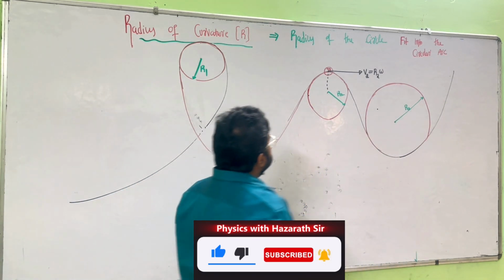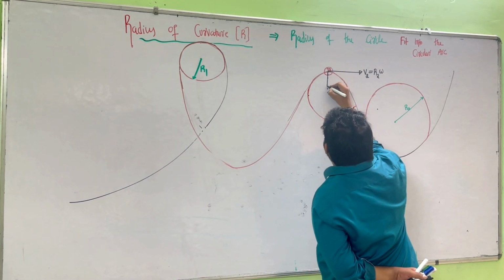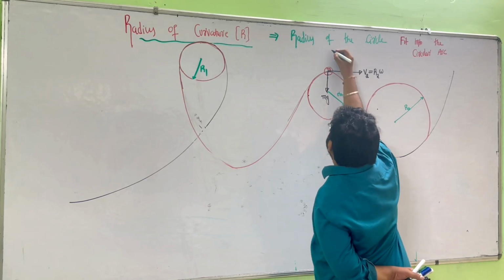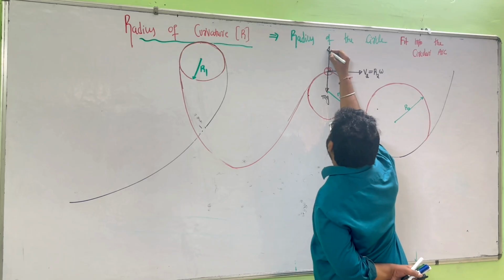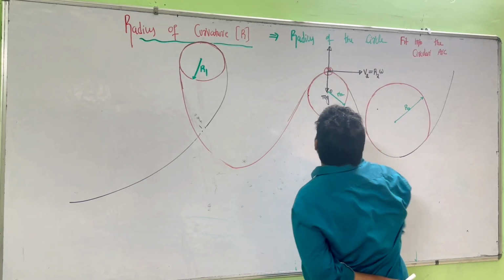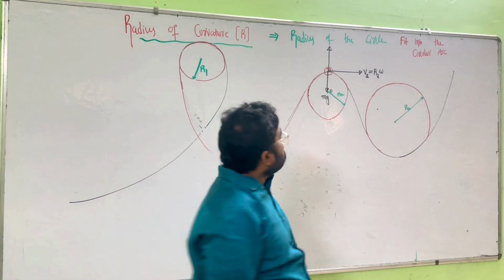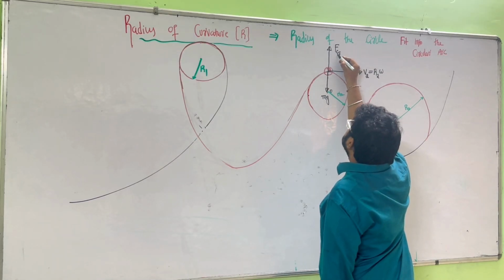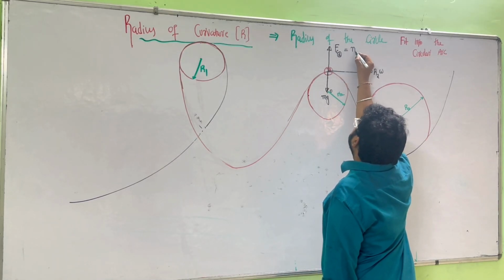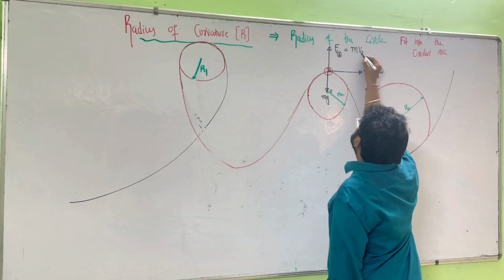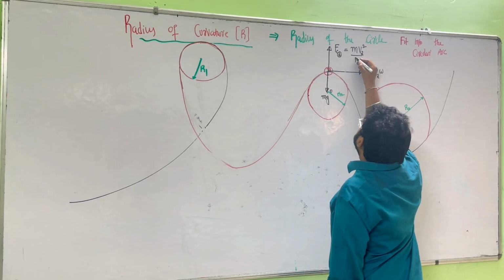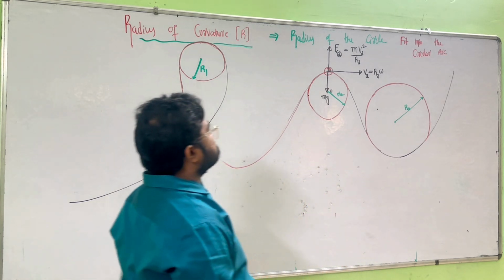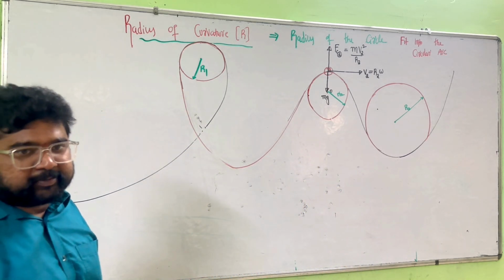Understood? Here the centrifugal force always acts away from the center of circular motion, that is Fc2 equals m v2 squared by the radius of curvature R2. Corresponding radius of curvature we need to take. Clear?